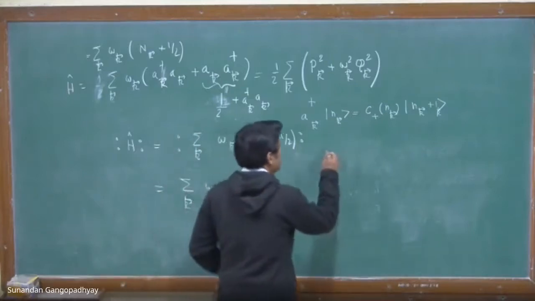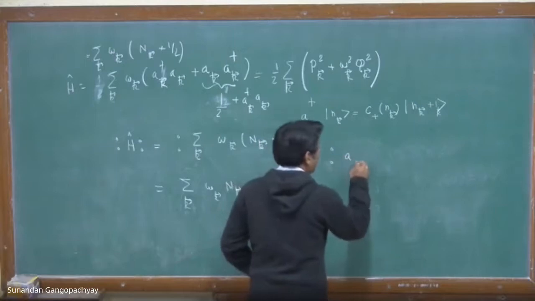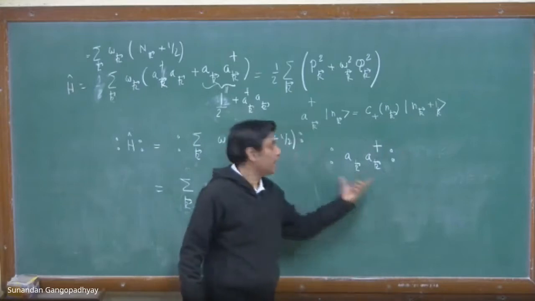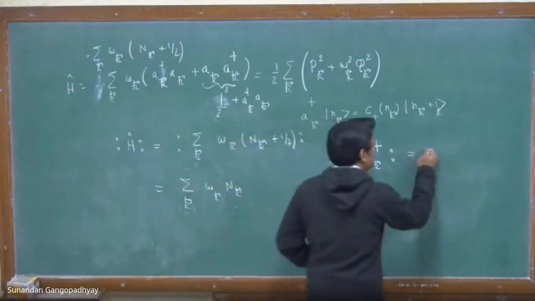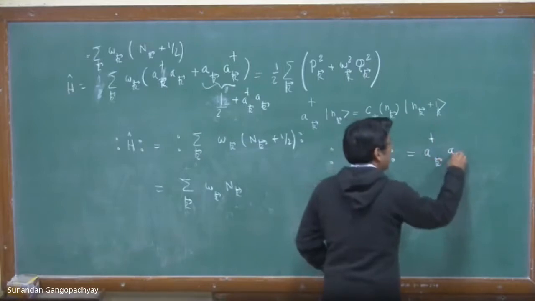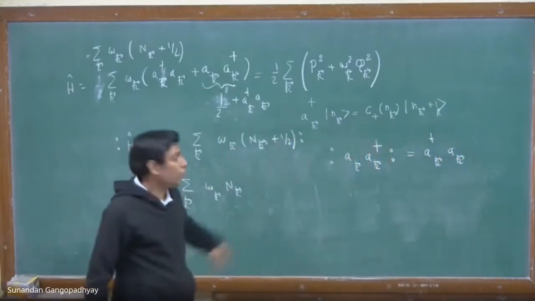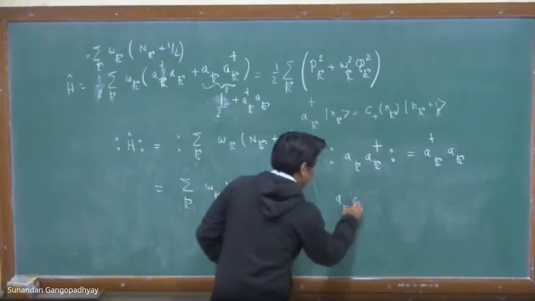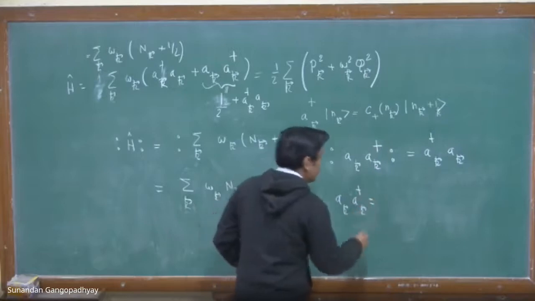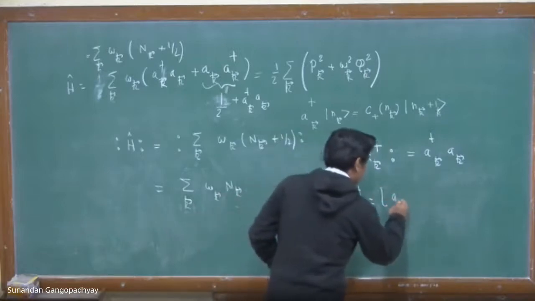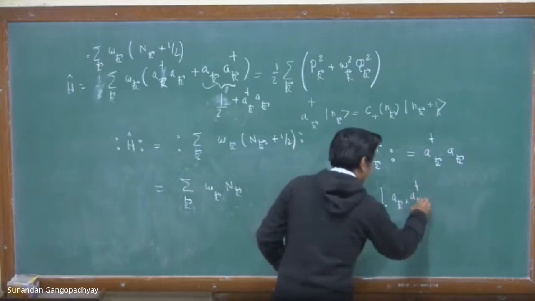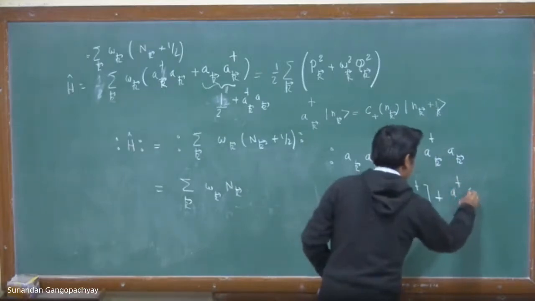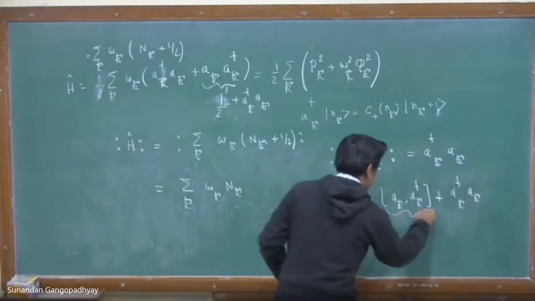Another thing that I mentioned in the last class is that if you have some operator like a_k a dagger k, normal ordered, it basically means by definition a dagger k a_k. Normal ordering just gives you a dagger k a_k. But if you have a_k and a dagger k, this is basically the commutator of a_k, a dagger k, plus a dagger k a_k. The commutator is 1.